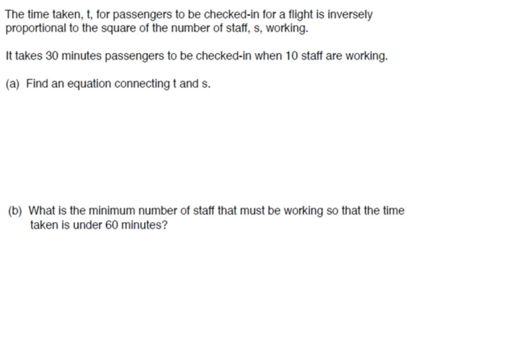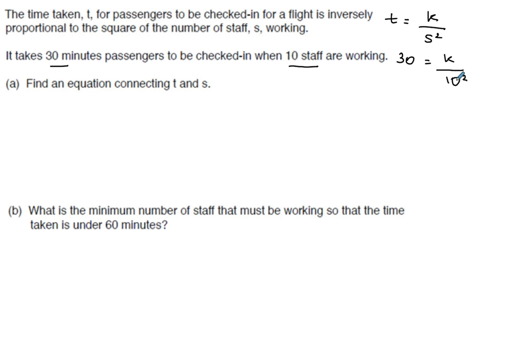The time taken T for passengers to check in for a flight is inversely proportional to the square. So again, it's the same, so you've got T equals k over S squared. It takes 30 minutes for the passengers to be checked in when 10 staff are working. So T is 30, and again we're trying to find k, and we've got 10 staff, so you've got 10 squared.